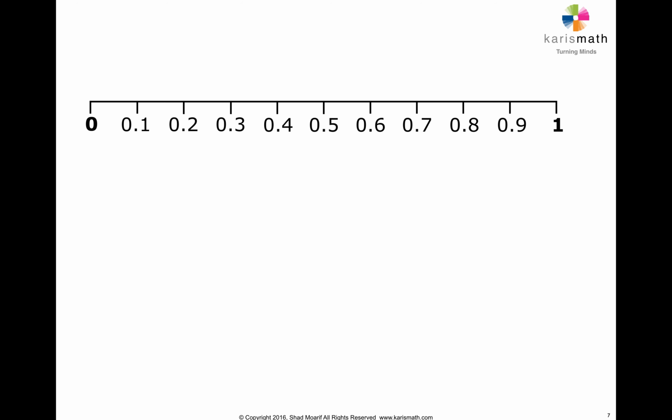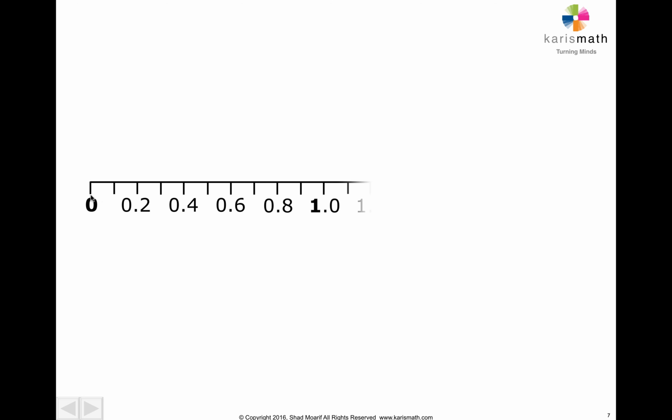So here's a scale from 0 to 1. We could shrink it. We could show 0 to 1 and make it a shorter distance like this. 0 to 1 is here. That way we have space to include from 1 to 2. So this scale is 0 to 2 whole numbers. All the numbers between 0 to 2 are shown here. We can shrink this even more so that we can put more numbers on the same distance.